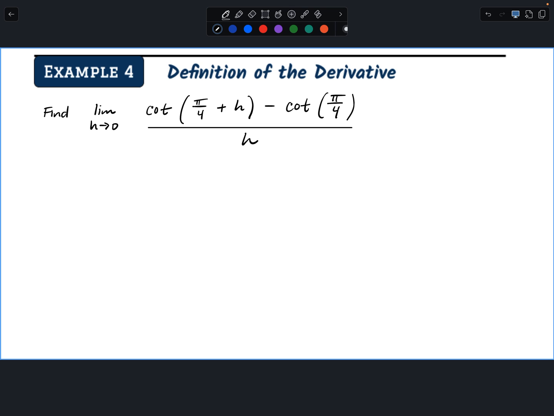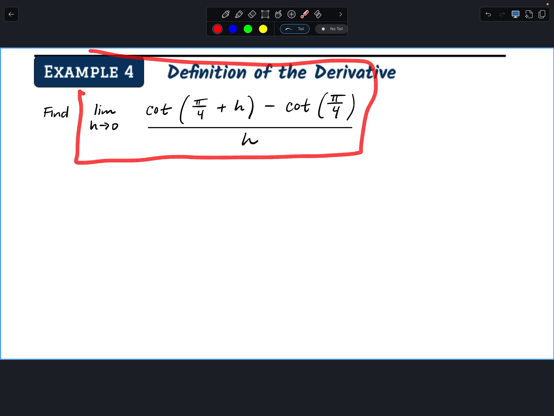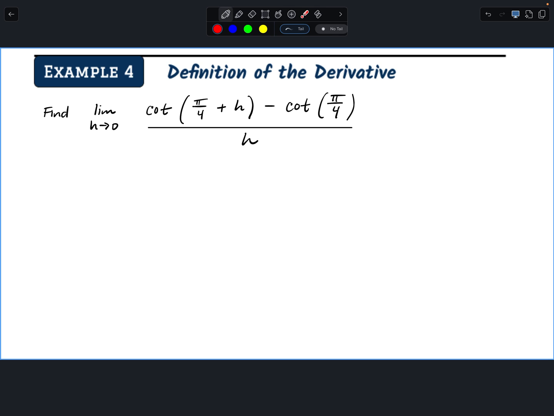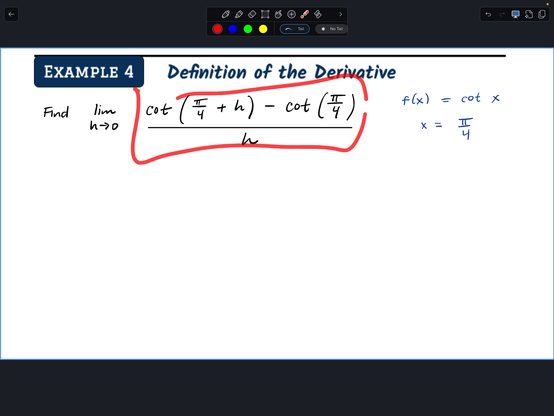Okay. This is asking me, this formula means the derivative, right? What is your f of x in this problem? Cotangent of x, right? What's your x value? Pi over 4. Okay, so this is asking me to take the derivative of my function at pi over 4. So I need to figure out first, what is the derivative of cotangent?